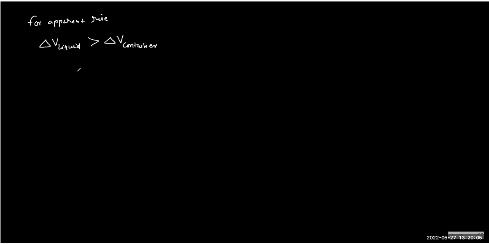So the volumetric expansion of the liquid should be more than that of the container. And we know the formula for delta V. So delta V by V is gamma delta theta. That's simple relation.